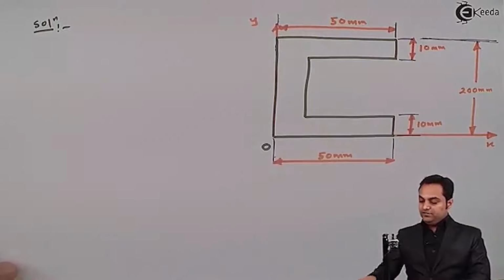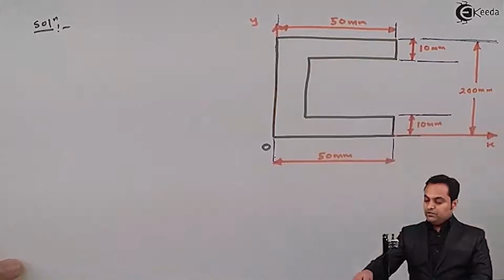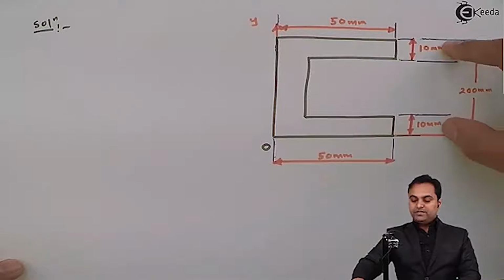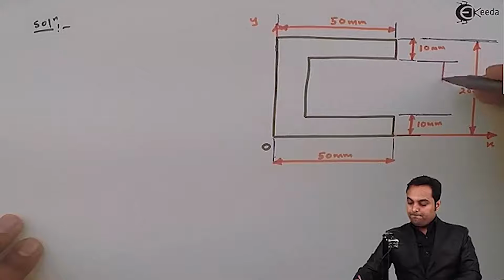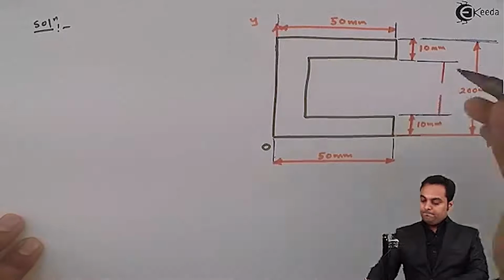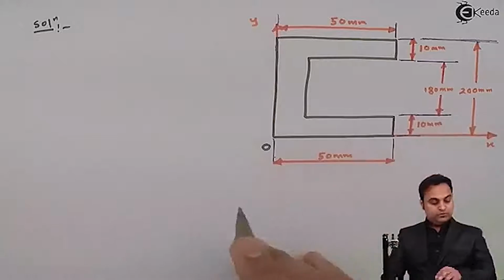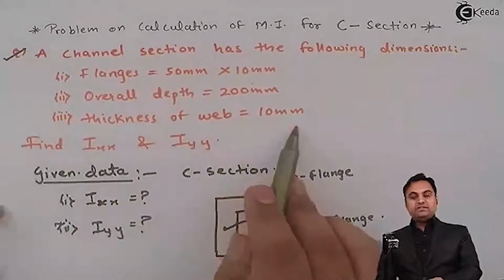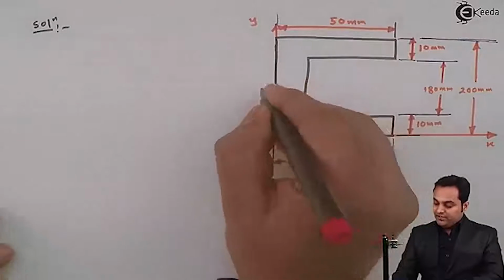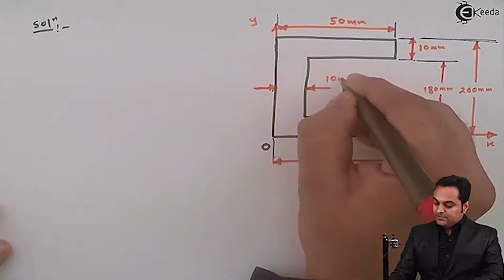So it means this remaining distance is 200 minus 10 minus 10. So this becomes 180. Now, it is given that the thickness of web is 10 mm. So here we have the web thickness as 10 mm.